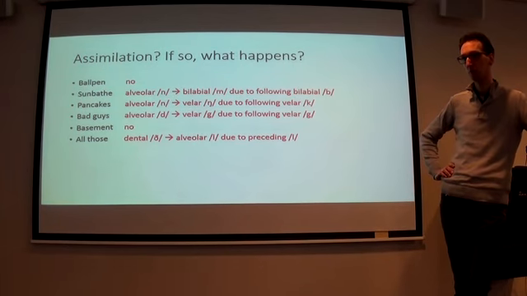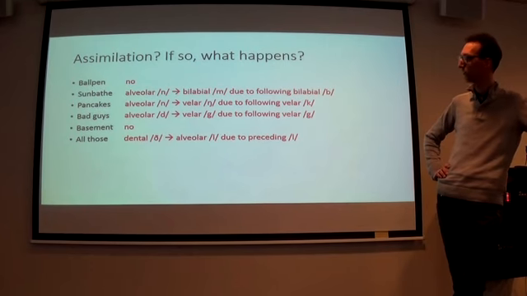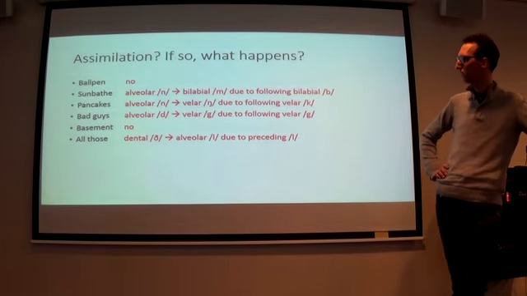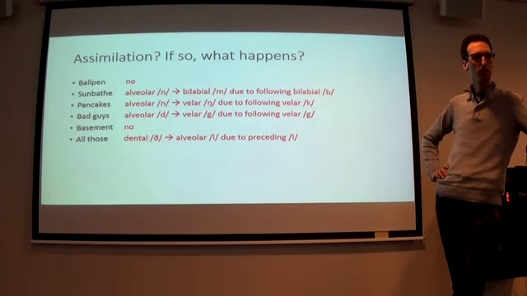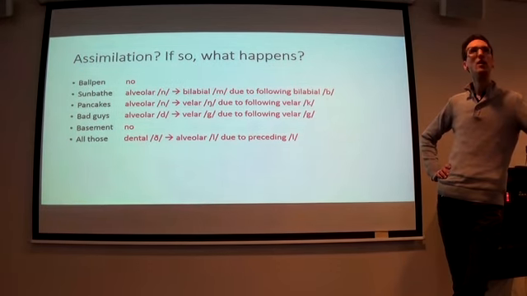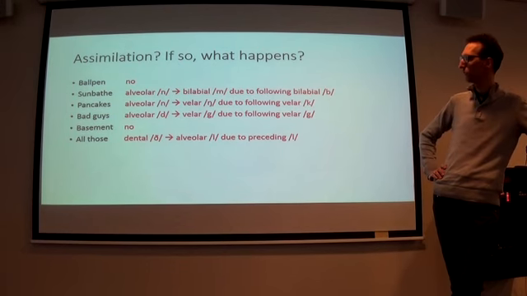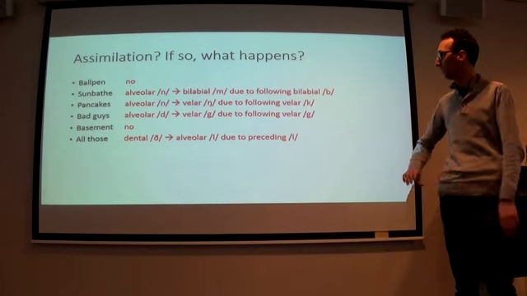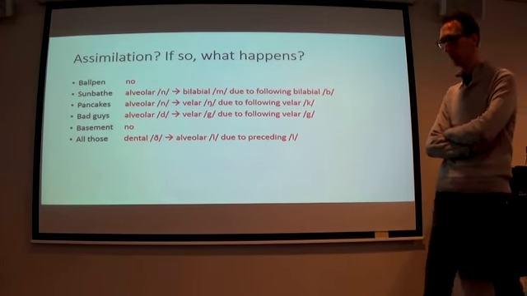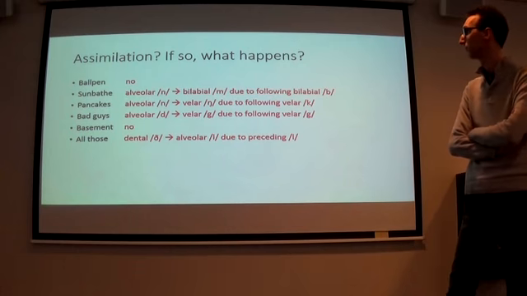We don't say basement without the T. So nothing happens in either ball pen or basement. If you write that down on the test, don't you have to mention the leading assimilation? That comes later. I'll tell you later what you need to write down in the test. Right, so ball pen has no assimilation.